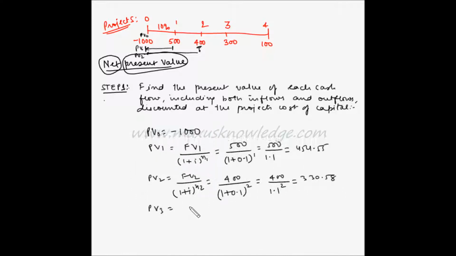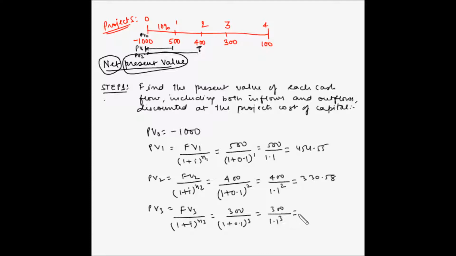PV3 is equal to FV3 divided by 1 plus I to the power N3. So this is 300 divided by 1 plus 0.1 to the power 3, that is, 300 divided by 1.1 cube. So this is 225.39.